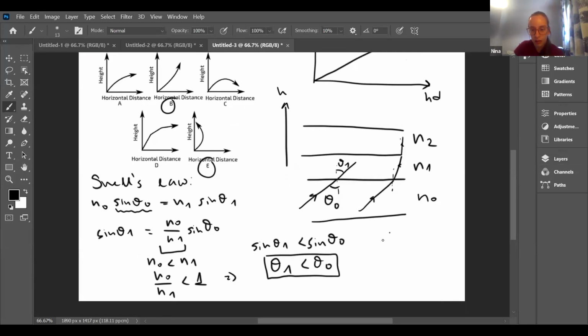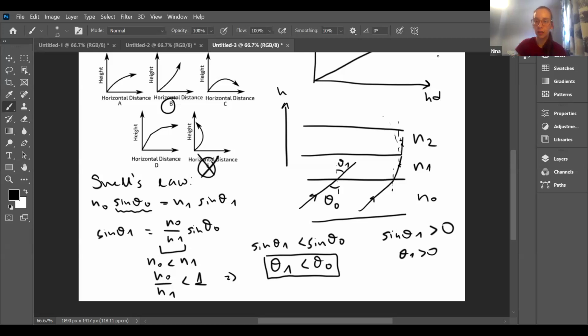Well, sin theta 1 will always be bigger than 0, therefore theta 1 will always be bigger than 0, and this angle here cannot go to 0 so that it goes back on this side. It has to stay on the right of the normal. And so this tells us that B is the right answer and not E.